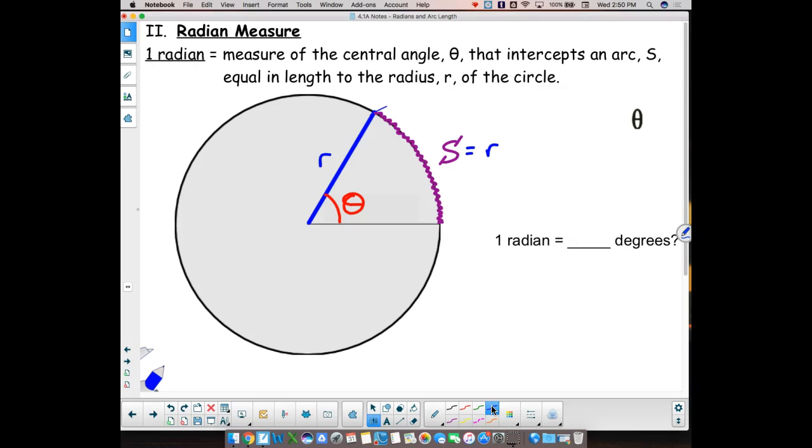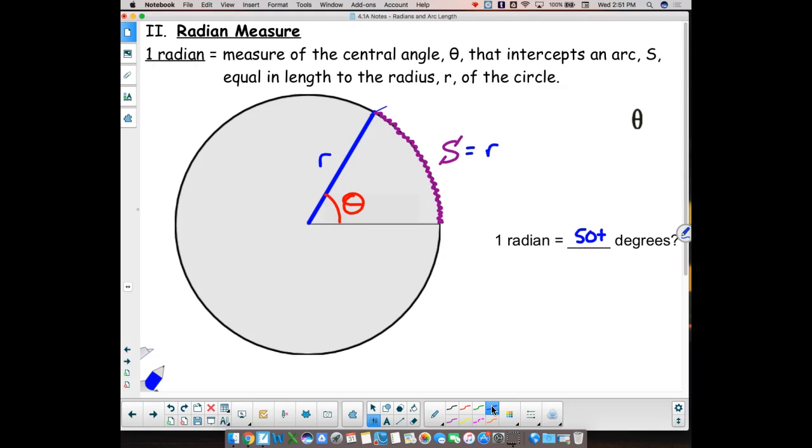So approximately how many degrees do you think is 1 radian? A little over 50? Maybe 50? Well, let's figure this out. Okay?